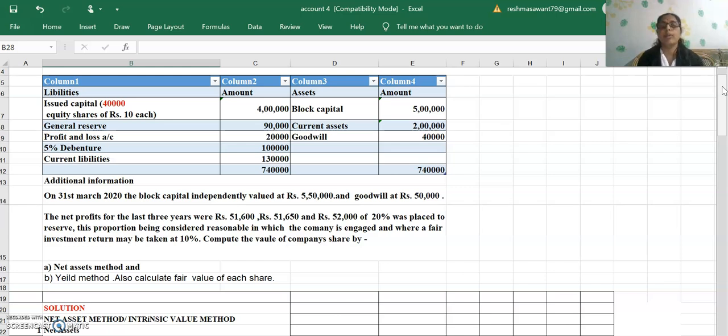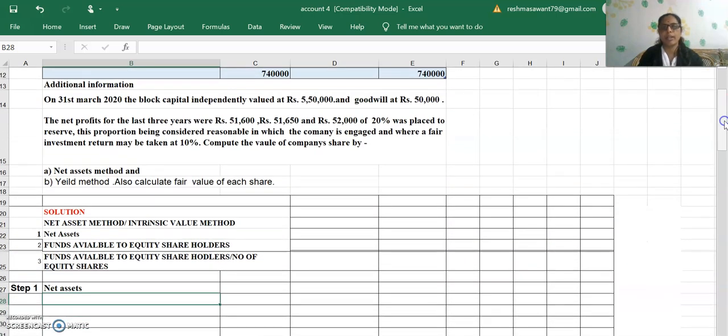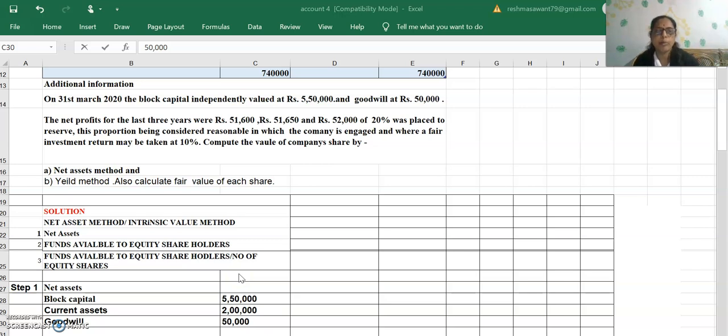So you can say the revised value or realisable value of assets is considered while calculating the net asset. Block capital in your adjustment is revalued at rupees 5,50,000. So the first point is the block asset. In this way, net asset will be considered from your adjustment, at the revalued or realisable value.